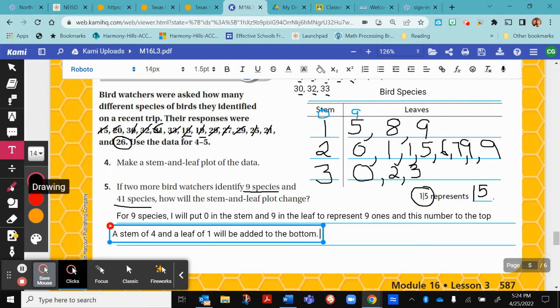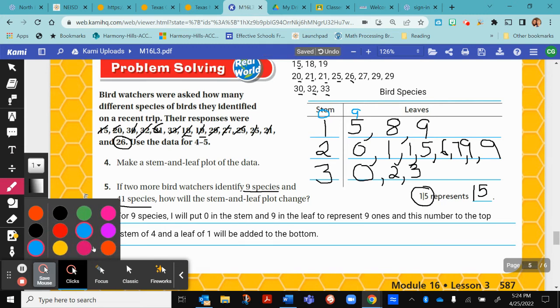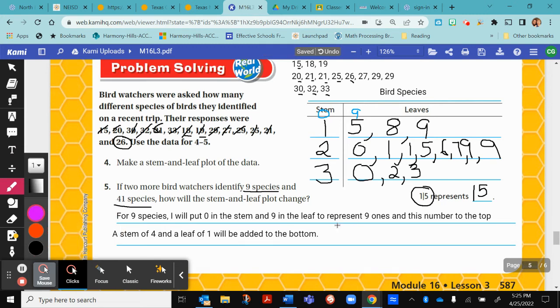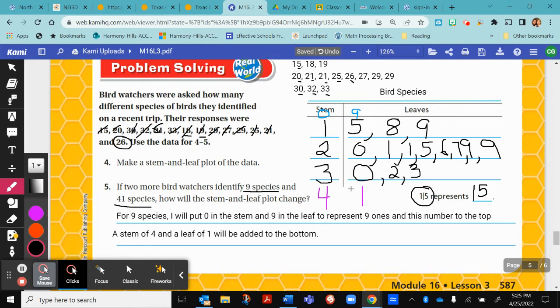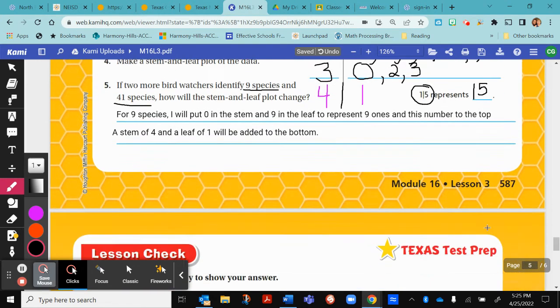So I'm going to change my colors again. And let's do purple. Then I'm going to add 4. And that would be 1. And I'm going to go ahead and extend my line here. Let me do it just a little bit longer. There we go. Okay. And that's it. Let's go to the next one.